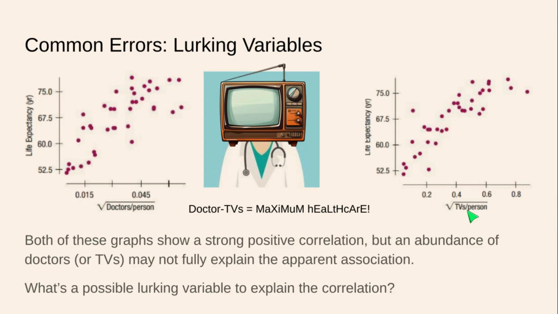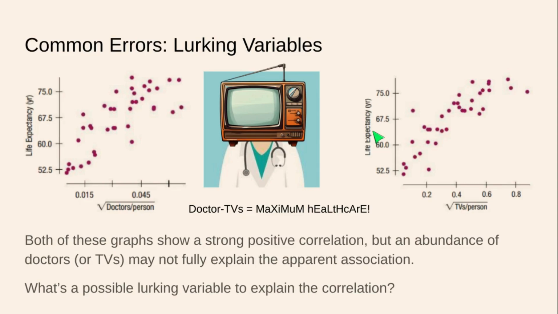Now, this is kind of ridiculous here. There's no way that we could associate an increase in televisions to an increase of life expectancy. There are some crazy shows out here that I would not think actually increase your life expectancy. They're kind of better for killing brain cells. But honestly, pardon the hot take there, the TVs per person, there's no reason to assume that there's an effect on life expectancy directly unless there's a lurking variable: money, money, money.